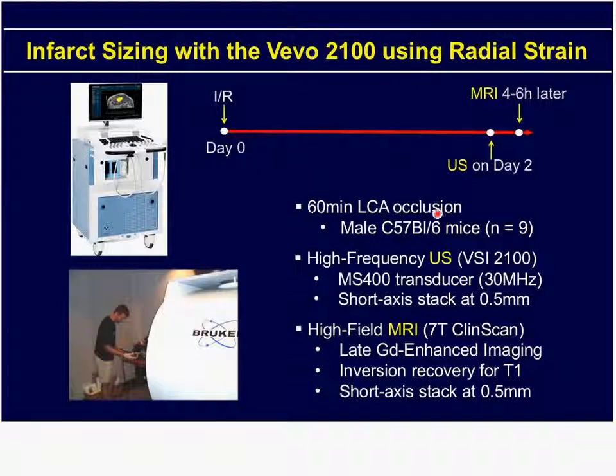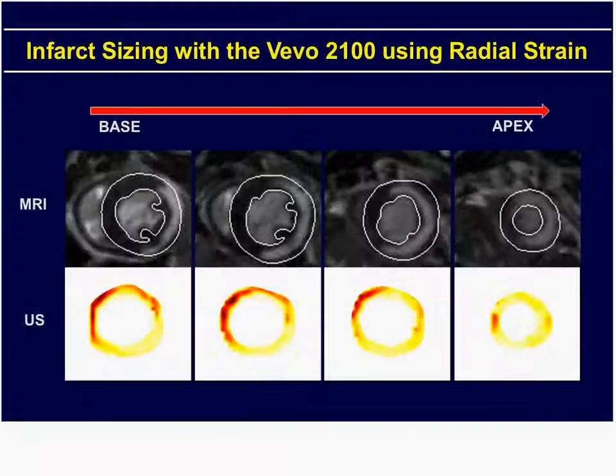So in this, again, we're looking at a 60-minute coronary occlusion in B6 mice. We're using the 2100 with the MS400 transducer, again, high-density short-axis stacks, and comparing that against late gadolinium-enhanced imaging using inversion recovery to detect the T1 shortening by the gadolinium contrast agent, again using that same short-axis stack taken at 0.5 millimeter increments.